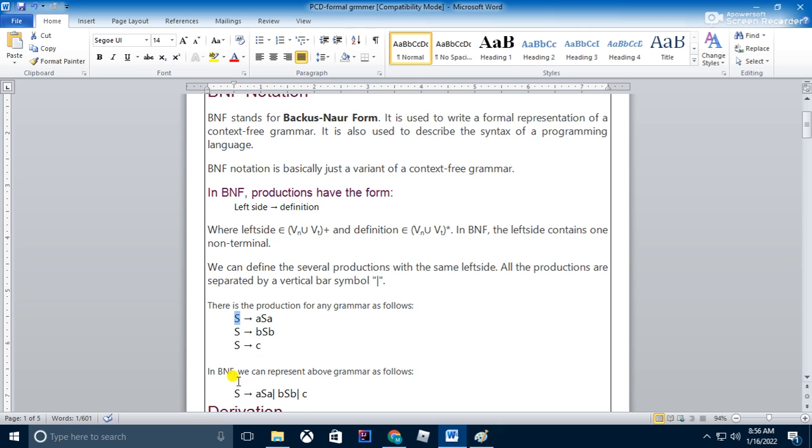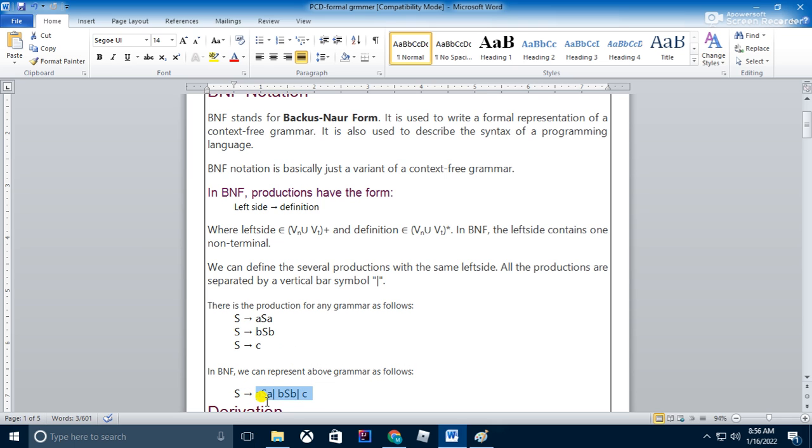As per the definition of BNF notation, we can represent this grammar as S derives aSa, bSb, or c, where all these alternatives are separated by the pipe symbol.